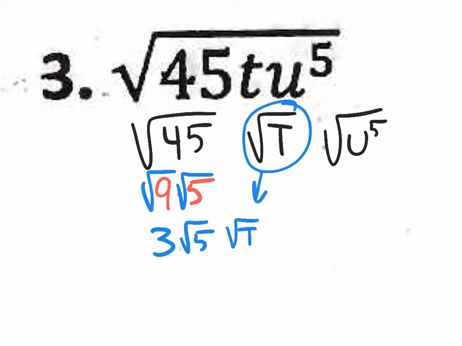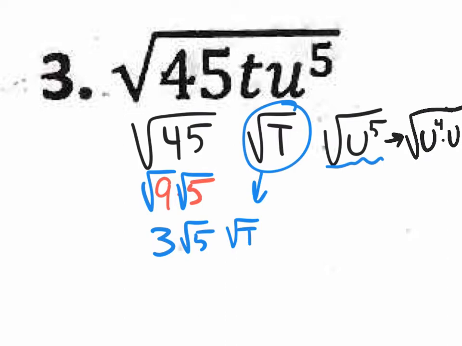And now the u to the 5th right there, remember the square root is really the power of 1/2. So you want this to be divisible by 2. Now 5 so far doesn't work out that great when you divide it by 2. So it would be better if you rewrote this as a 4. So check this out. I'm going to take that u to the 5th and I'm going to rewrite it as u to the 4th times u.